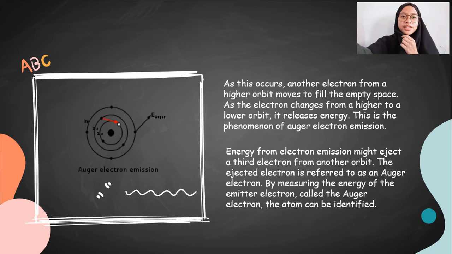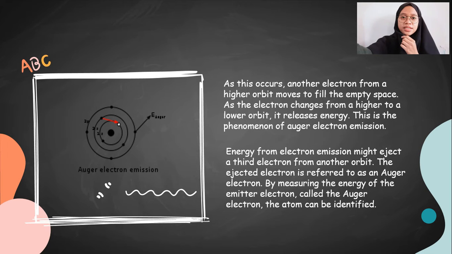As the electron changes from a higher to lower orbit, it releases energy. This is the phenomenon of Auger electron emission. Energy from electron emission might eject a third electron from another orbit. The ejected electron is referred to as an Auger electron.